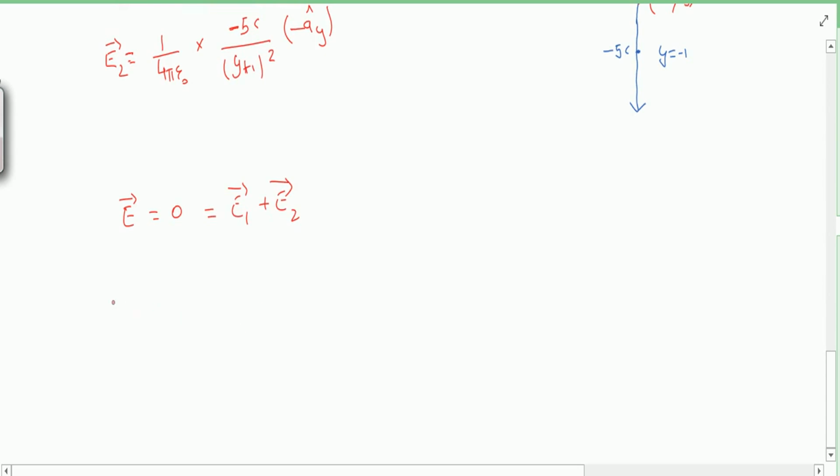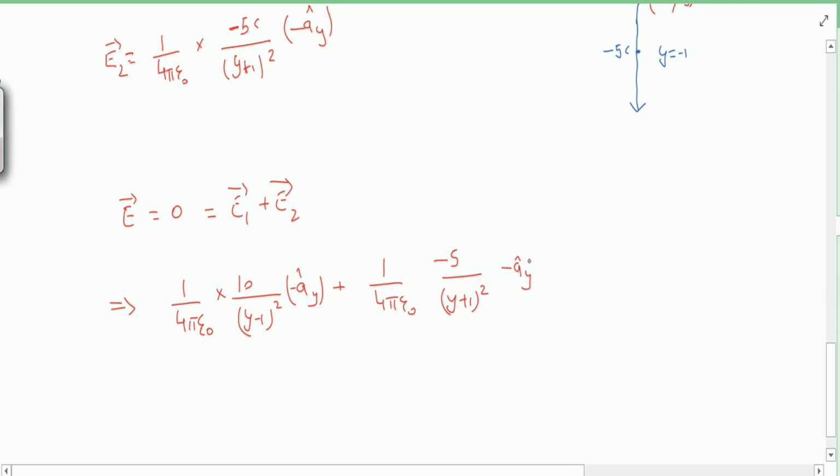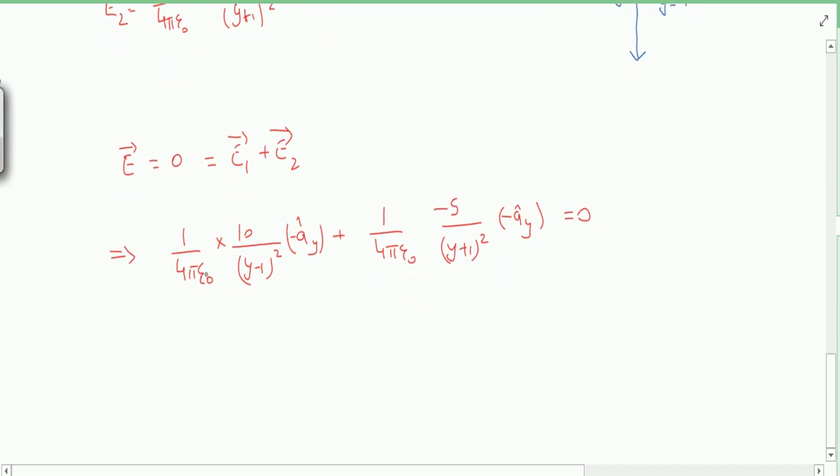So I can write E1 as 1 by 4 pi epsilon naught into 10 by y minus 1 whole square, minus ay cap, plus 1 by 4 pi epsilon naught, minus 5 divided by y plus 1 whole square, minus ay cap, equals 0. We can take common factors like 1 by 4 pi epsilon naught, and 5 can be taken out.